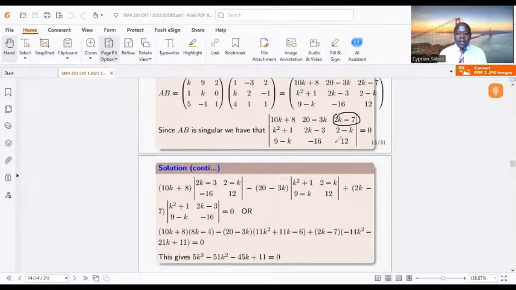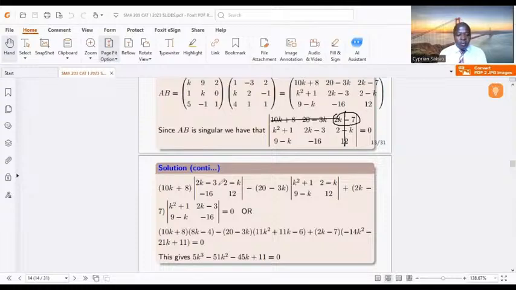So it's plus, times the determinant of the matrix that remains when you delete the column of this element and the row of this element. And so the matrix that remains is K squared plus 1, 9 minus K, 2K minus 3, and then negative 16. That's what we have here. So this gives you the determinant of this matrix. Equate it to 0.